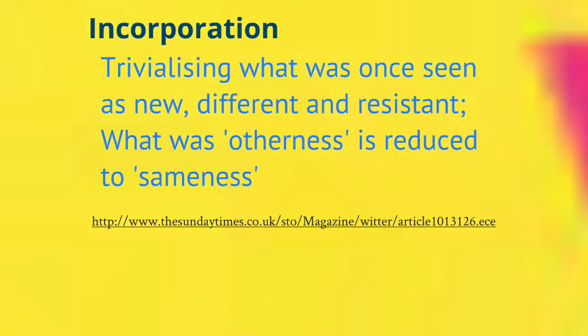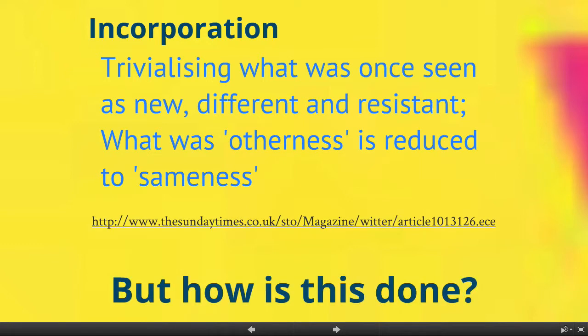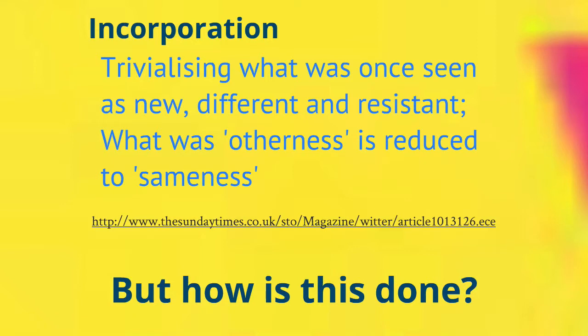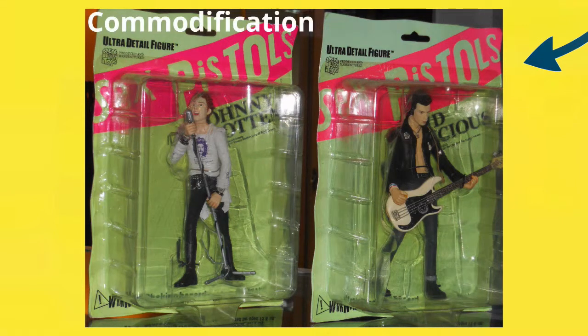I've inserted a web link here which would take you to an article in the Sunday Times asking about how resistant forms of popular music are contained or incorporated by mainstream social forces, and that's where we end up with things like your Johnny Rotten or Sid Vicious Sex Pistol doll. Not very punk rock. That's called commodification.